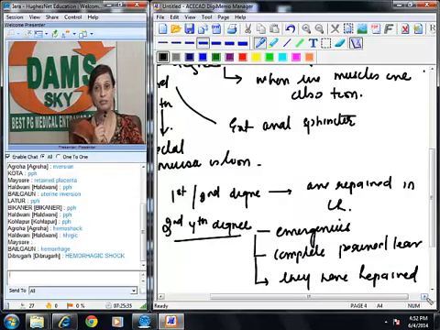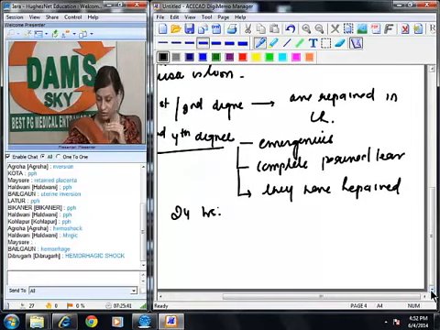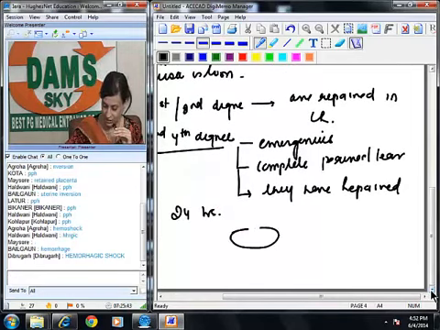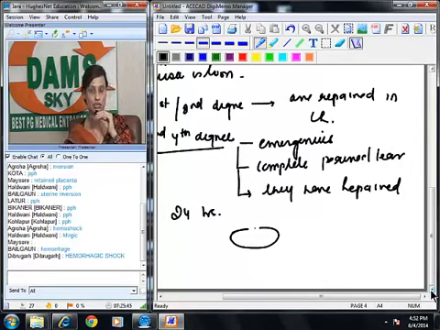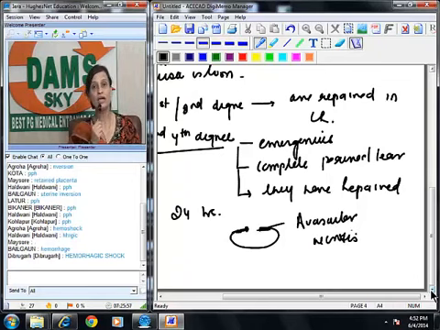Why do they have to be repaired in 24 hours? Now what happens is, whenever the external anal sphincter is torn, for example it is torn here, then what will happen? The two ends of the external anal sphincter gradually will undergo avascular necrosis, right? They lose their blood supply and they undergo avascular necrosis. So we have to repair them within 24 hours so that they don't undergo avascular necrosis.